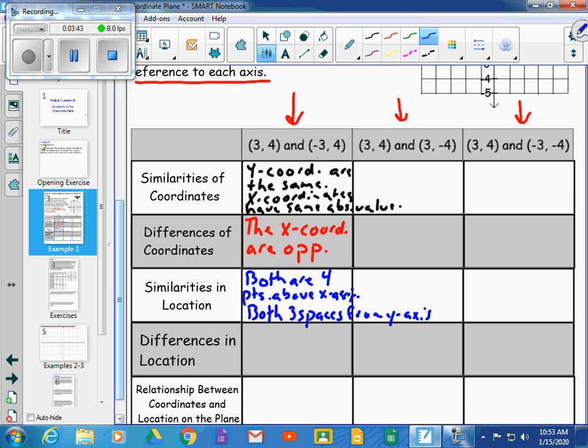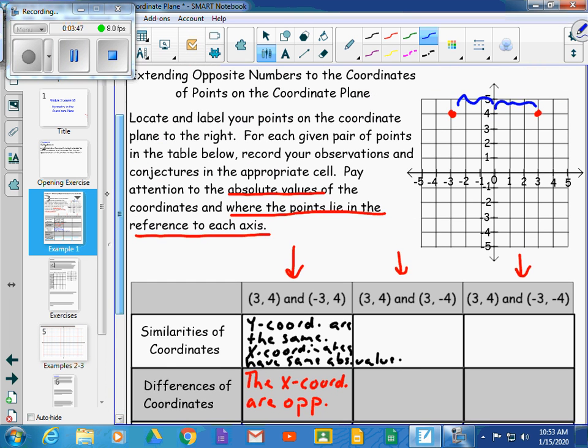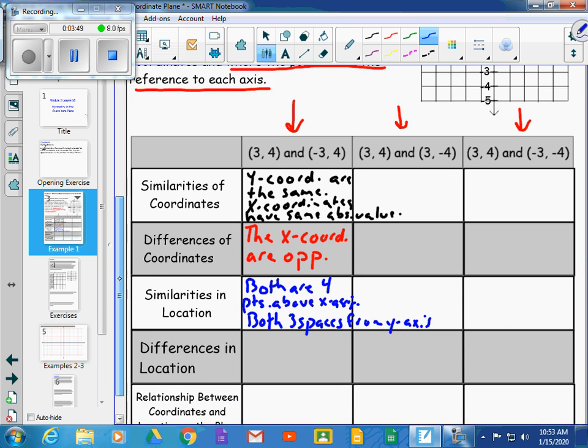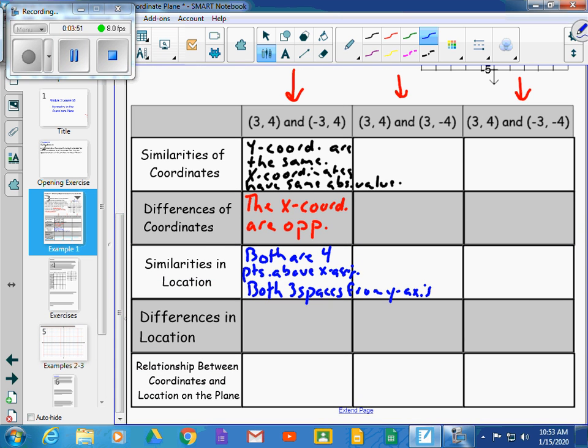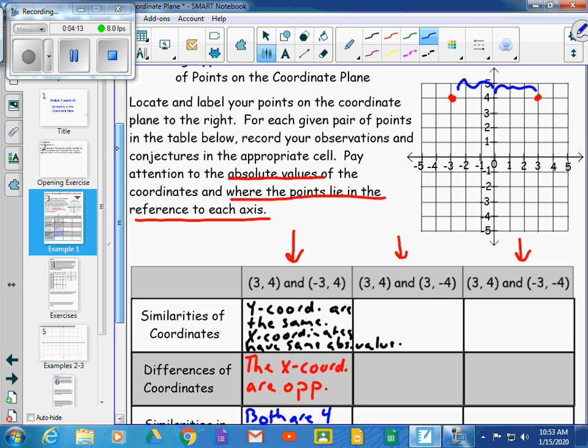Now for the differences in the locations, we can see obviously that they are on different sides of the y-axis. So we can say one point is left and one is right of the y-axis. Now, those locations have a relationship.